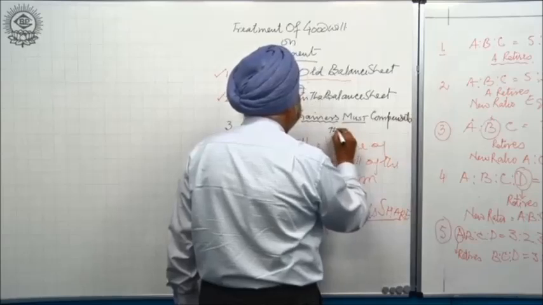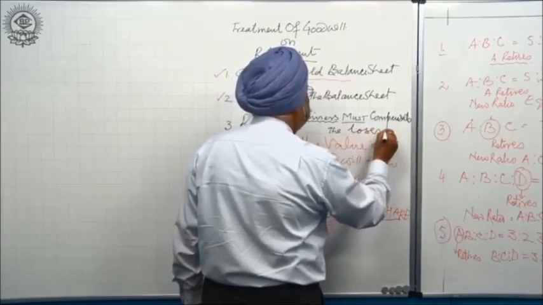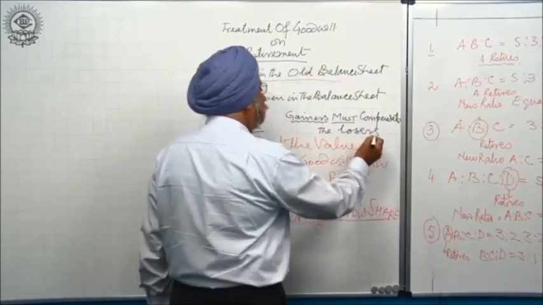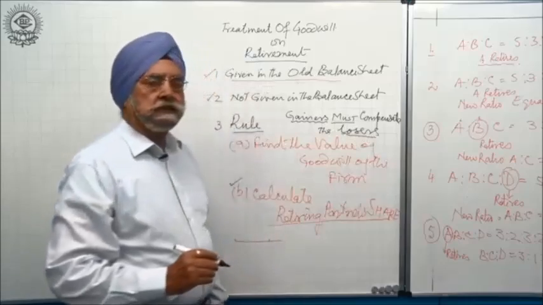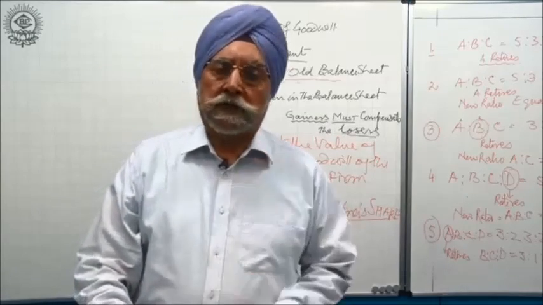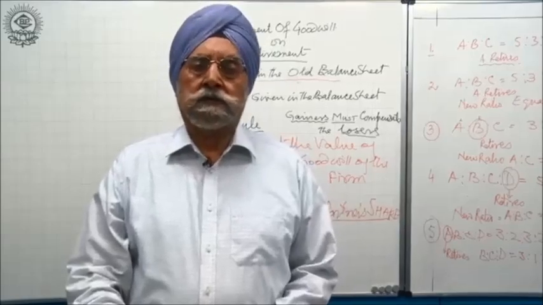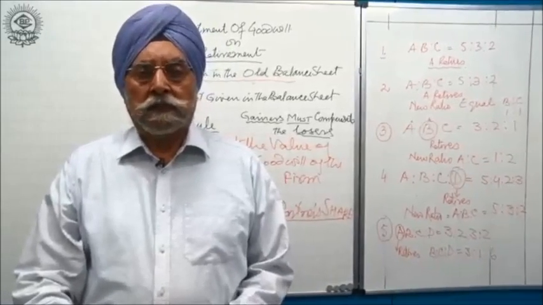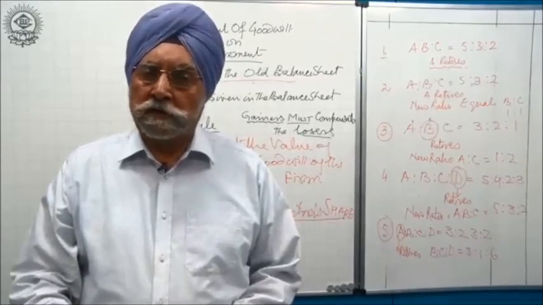Those who lose should be compensated by the gainers. Who is the loser? Retiring partner. Retiring partner is a loser, and the continuing partners are gainers.